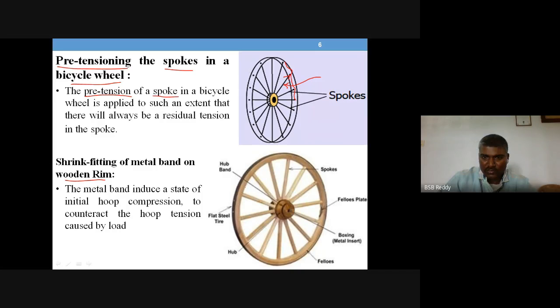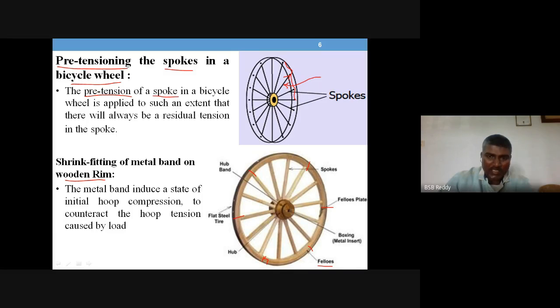Then the wooden spokes are fitted to the felloes, meaning the parts of the wooden outer rim. A full round circle cannot be made at a stretch, so they make it in parts. Those are called felloes. Each part will have spokes attached to it.